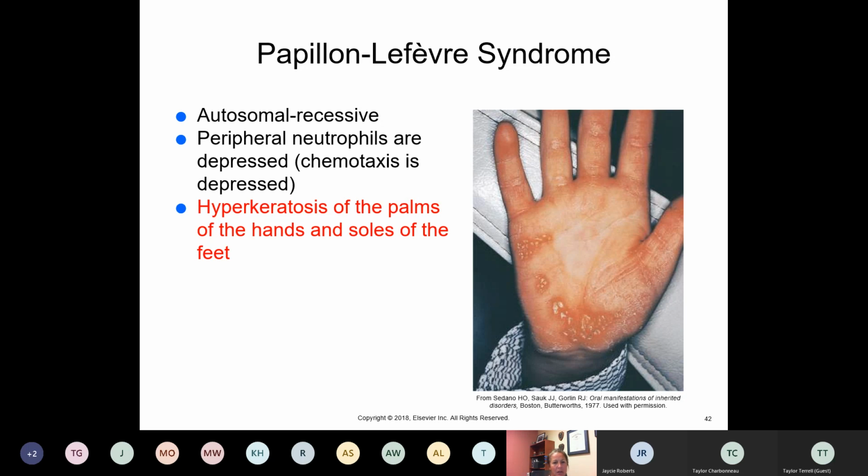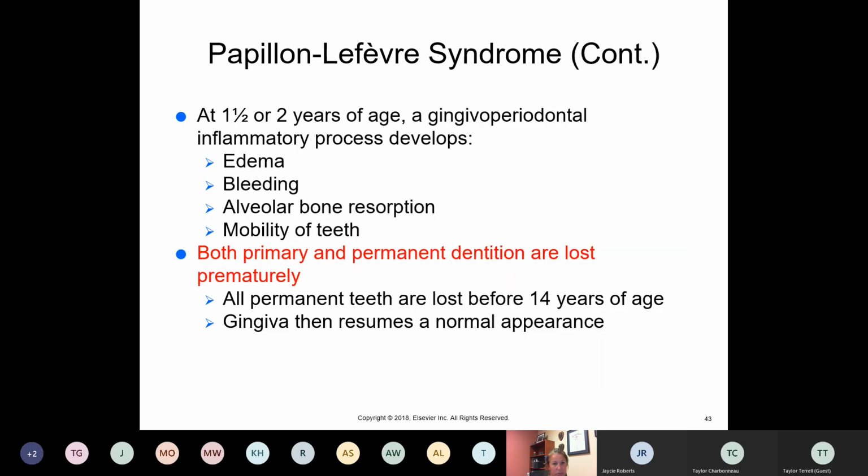So in this case, you'll see hyperkeratosis of the palms and of the soles of the feet. One thing for us, I think, that's just horrible to even think about: at 1.5 or 2 years of age, a gingival periodontal inflammatory process develops in these children. The alveolar bone can resorb.